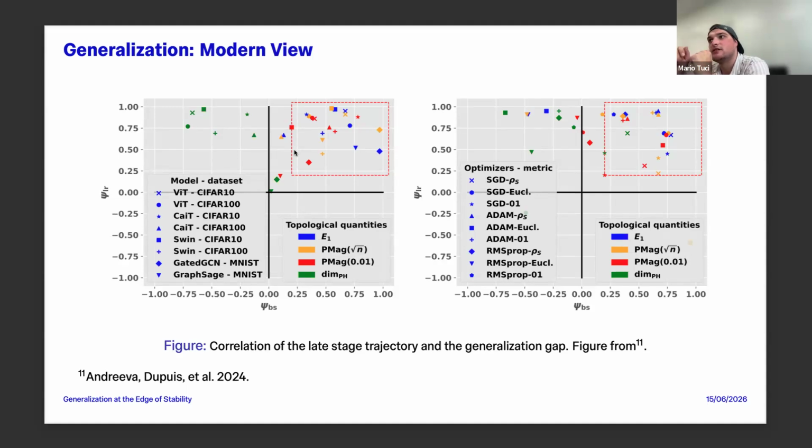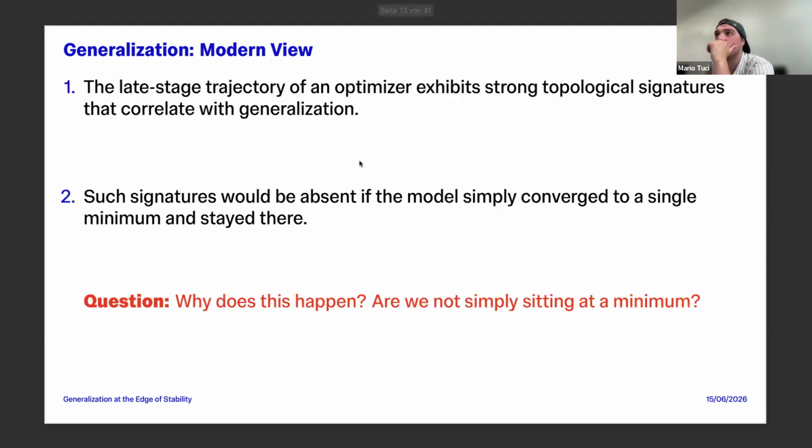That is a bit weird, because it means that when I'm at the final stage of my training and I look at the trajectory, let's say 5,000 iterations, there is such a topological structure which correlates with the generalization gap. The key message behind this is that the late stage trajectory of an optimizer exhibits strong topological signatures. But such signatures would be absent when a model converges just to a single minimum.